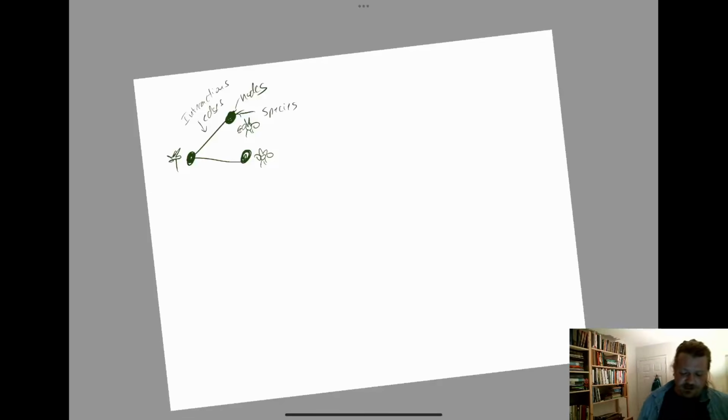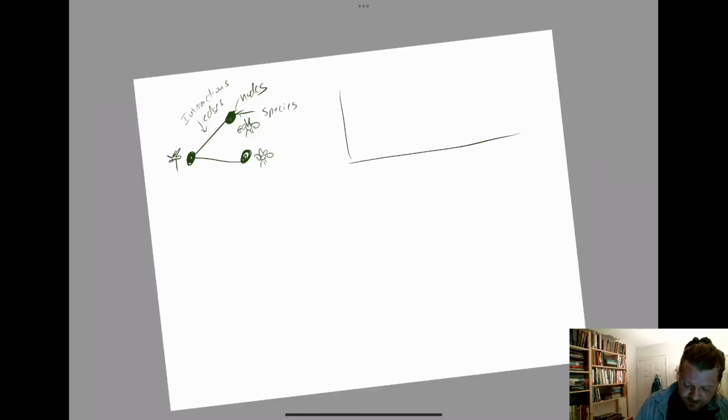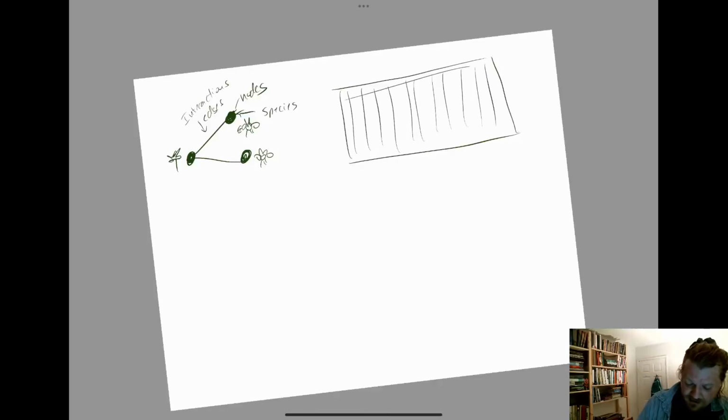The other way to visualize this, and the reason I'm spending time on it, is we can visualize them as matrices. The plural of matrix is matrices. Where it's a bunch of cells in a table, right? So here's a table with a bunch of columns and a bunch of rows.